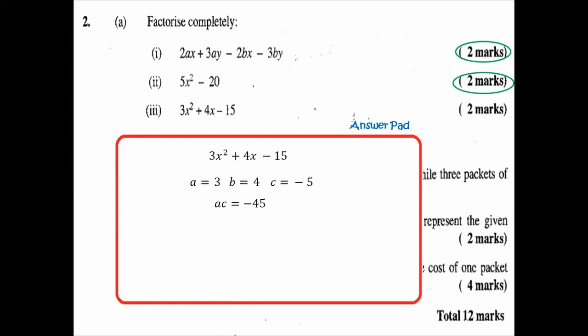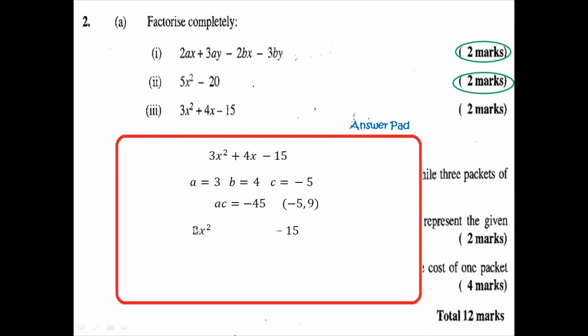All right, so the two numbers, you have 3 times 15, you have 1 times 45, but of the pairs, minus 5 times 9 is the appropriate pair. So if we multiply minus 5 times 9, we will get this minus 45. But when we add these numbers, minus 5 plus 9, we end up with 4.